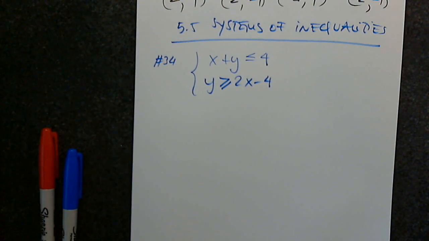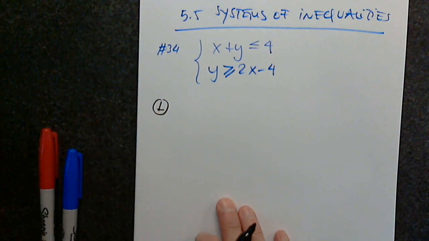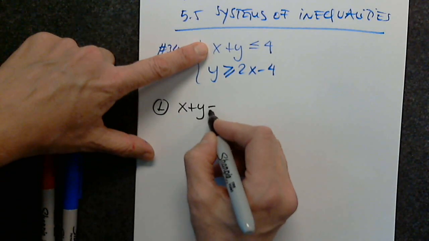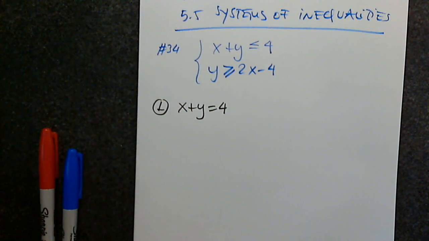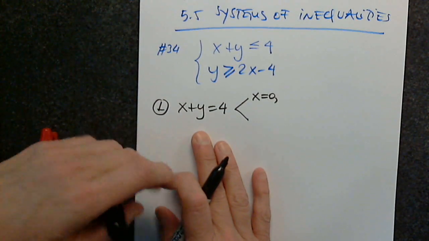How do I solve a system of inequalities? Here's step 1. I look at the first inequality and I write the corresponding equation. And no, I'm not changing the inequality into an equation. I need to graph the equation first in order to graph the inequality. That's why I need the equation. I'm going to find two ordered pairs to graph this line.